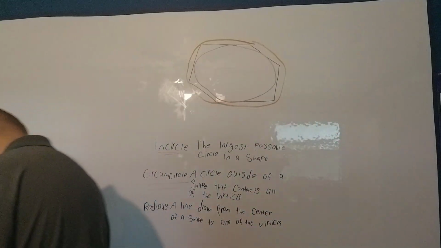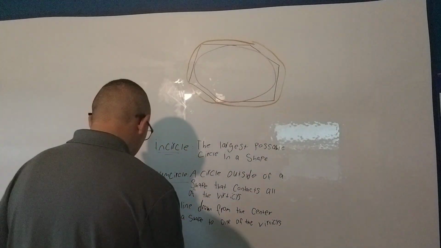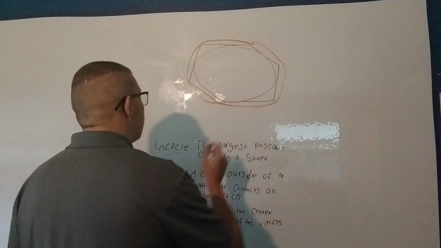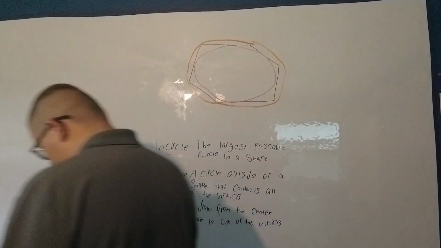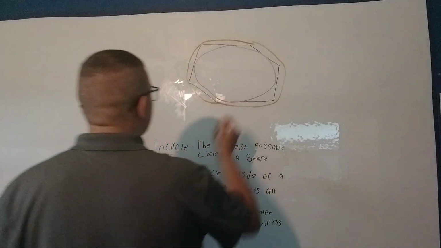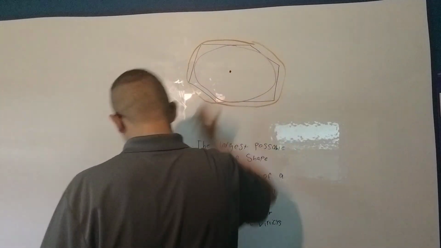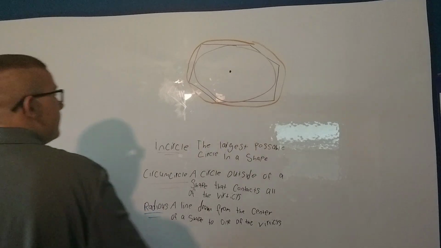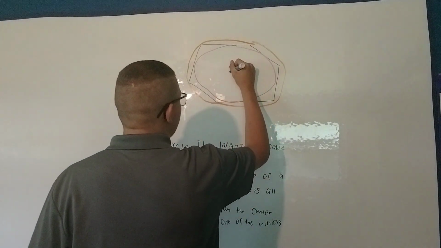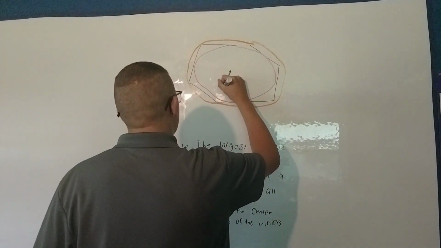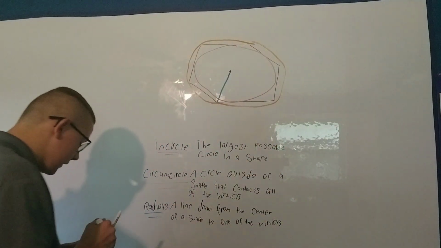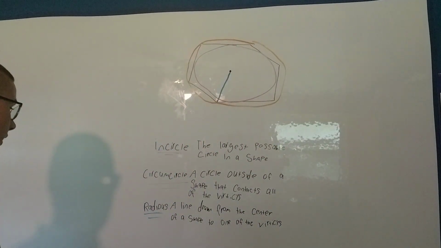And that would look like, if our center of this hexagon is like here, this would be a radius of the hexagon.